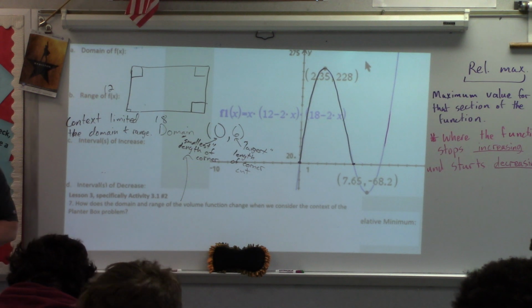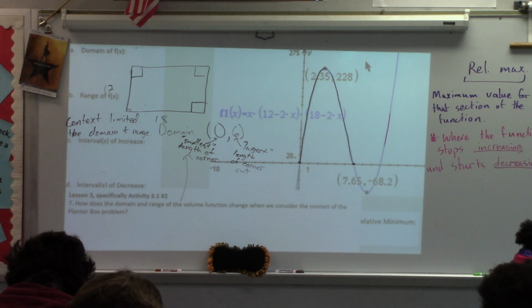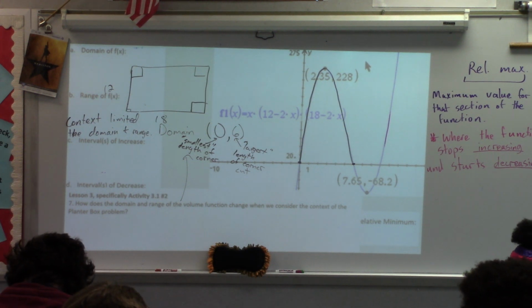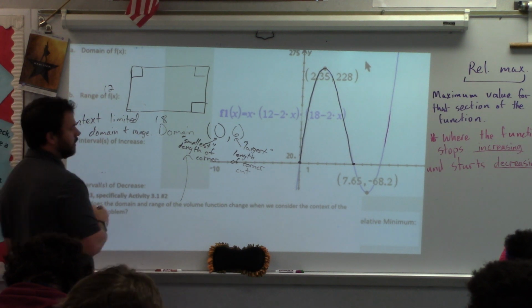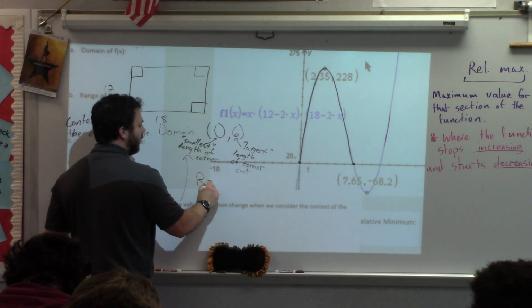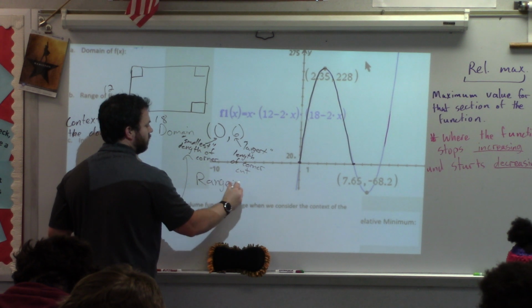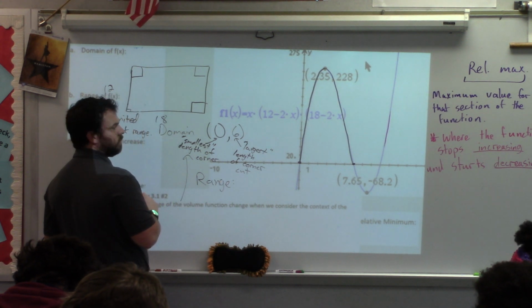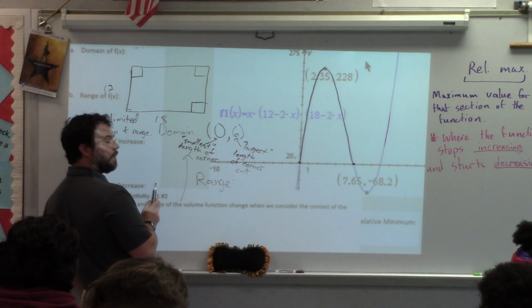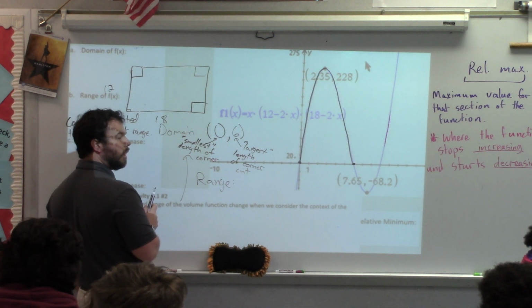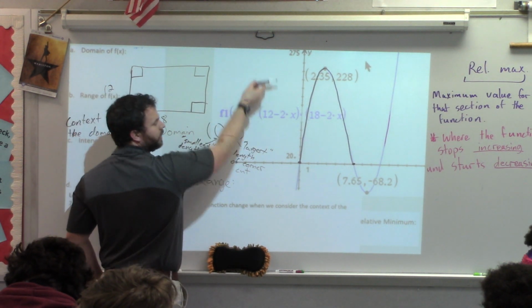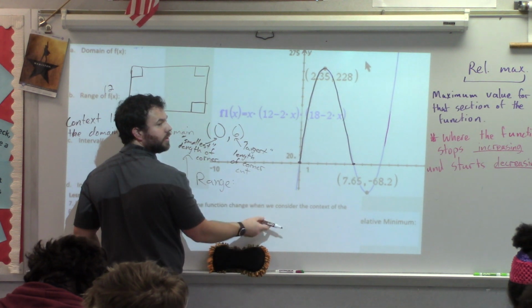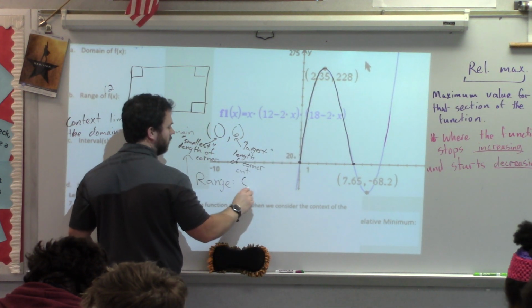And then once we identify that limited domain, we could identify the range a little bit more easily. What was the lowest range value? Remember, range, is that my x or my y? The y. What's the lowest y value? So we're thinking vertically now. Lowest. What is it? 0.